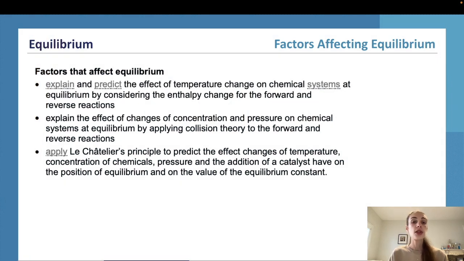So now we're going to go on to the part of the syllabus that considers the factors that affect equilibrium.